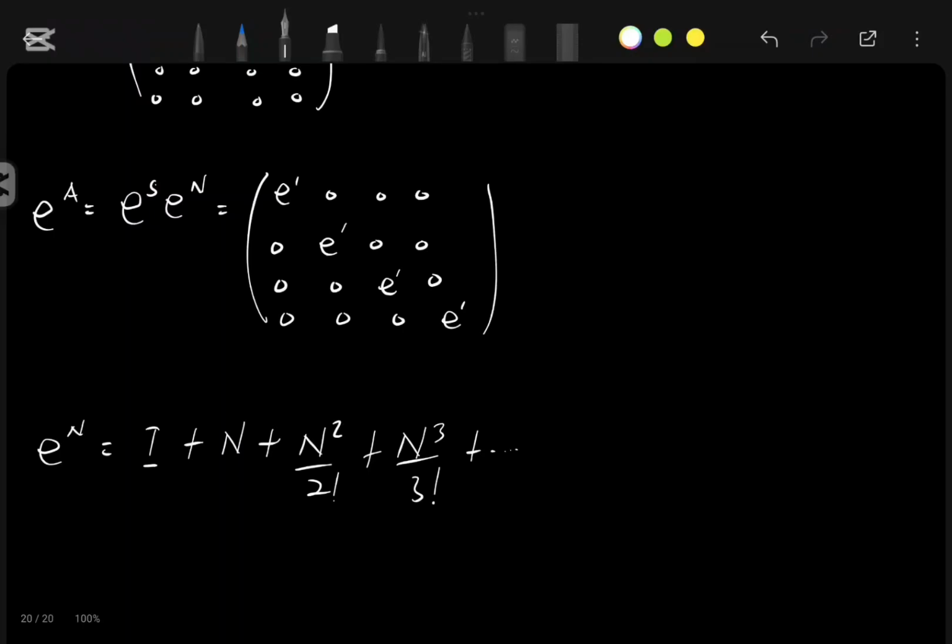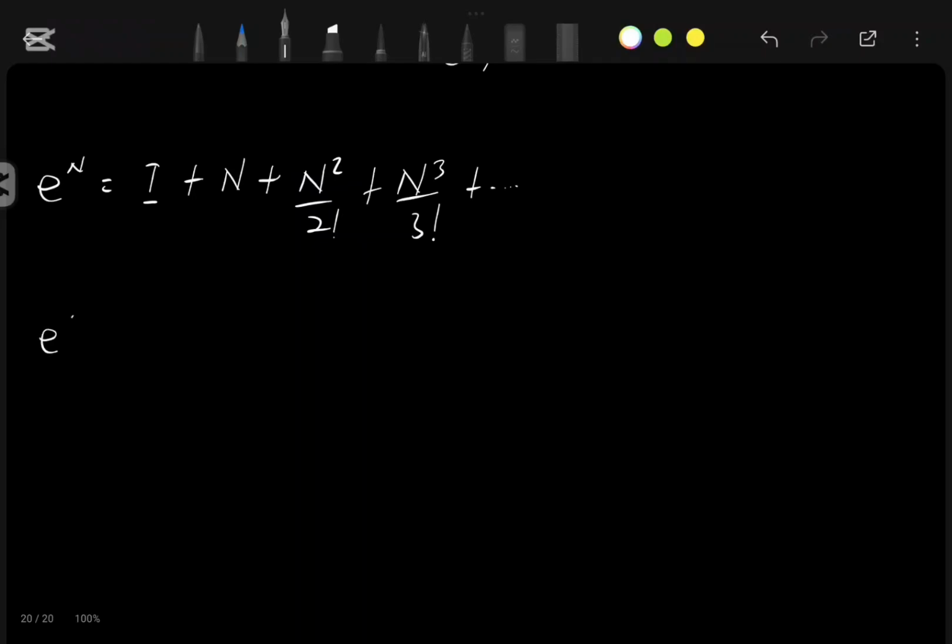So substituting, we'll have I plus N plus N squared over 2 factorial, which is 2. N cubed is 0, so we stop there.